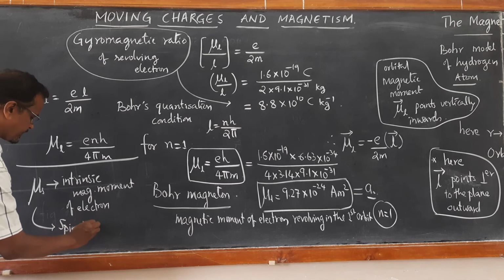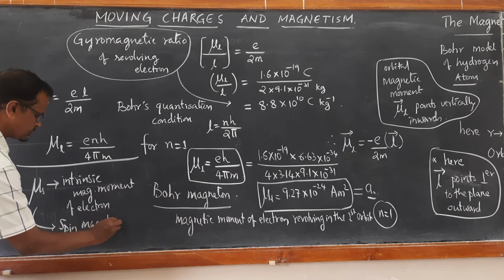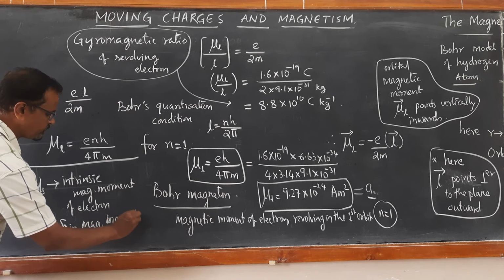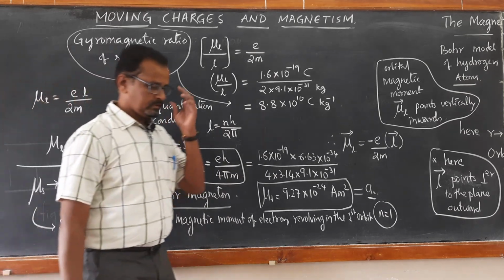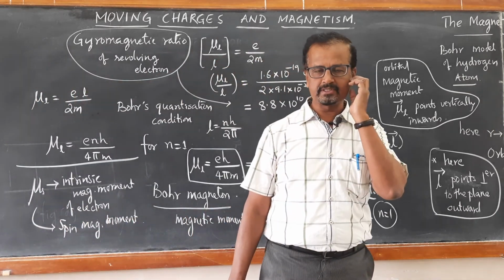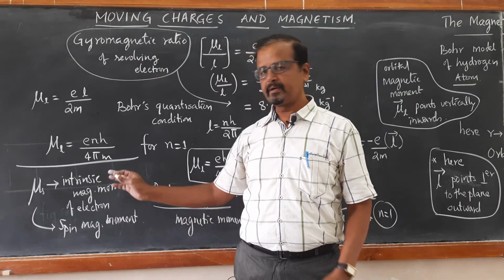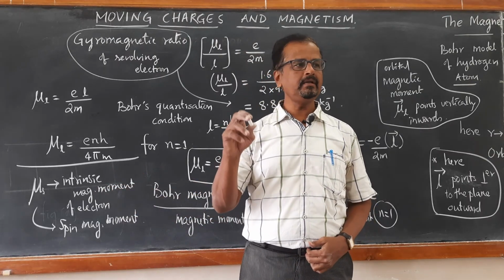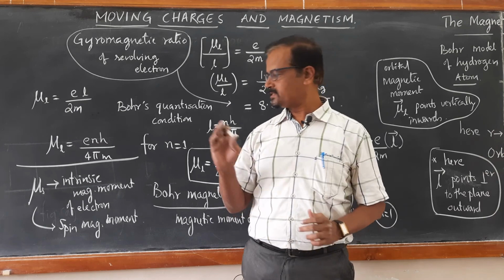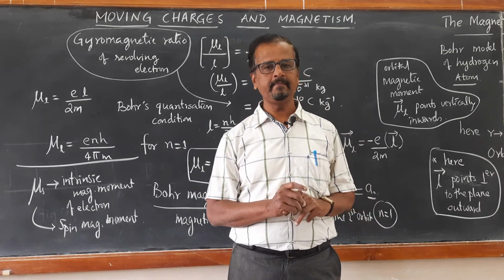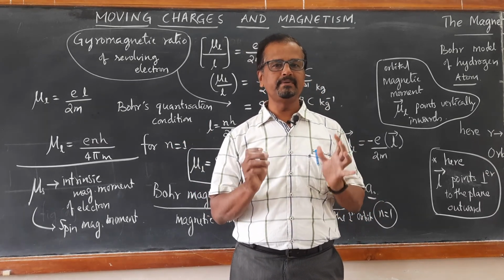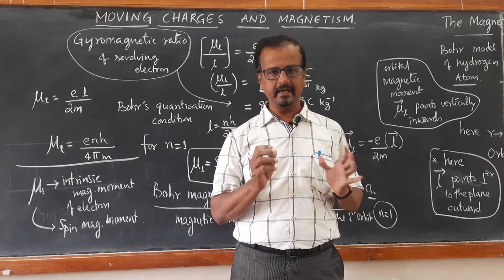Orbital magnetic moment is denoted by mu L, spin magnetic moment is denoted by mu s, and the principal quantum number is denoted by n.